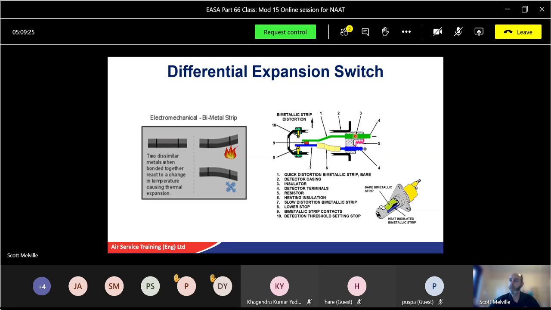Depending on the type, as you heat it, one's going to bend. When two dissimilar metals are bonded together, they react and change, so one of them is going to bend out of the way or bend into it. Depending on the type of detector, it will either bend and make a contact or bend away and not make a contact. But again, they will operate the system depending on the type it is. Once it reaches a certain temperature, it will react.